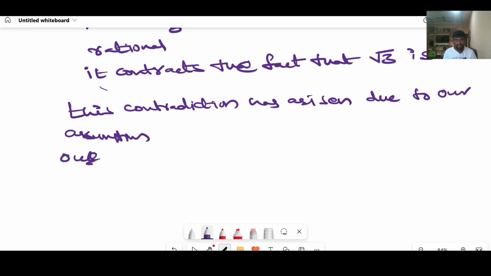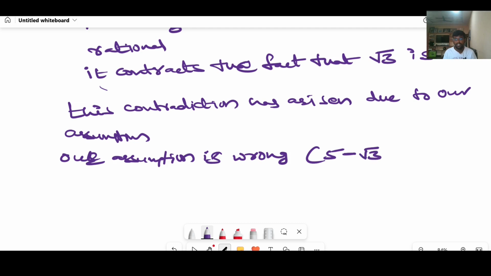That means our assumption is wrong. Therefore, 5 minus root 3 is irrational.